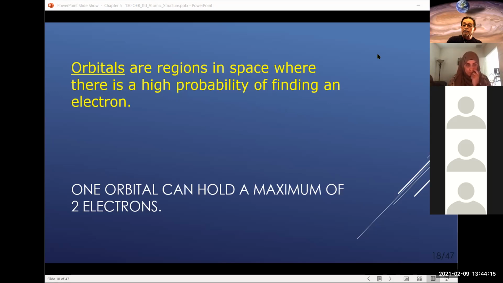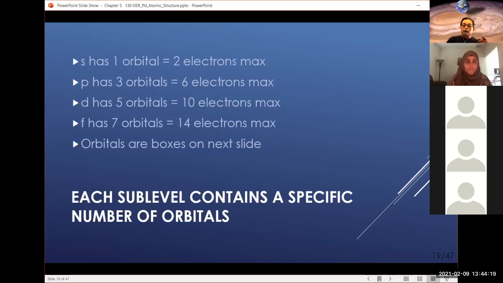All right, so this is what we know. This is what's been shown. The S orbits, okay, all S orbits, and remember, they're starting at level 1 all the way to 7. They all got an S orbit. The only difference is the 1s orbit would be maybe this size of a golf ball.